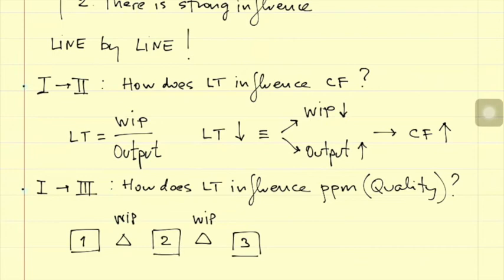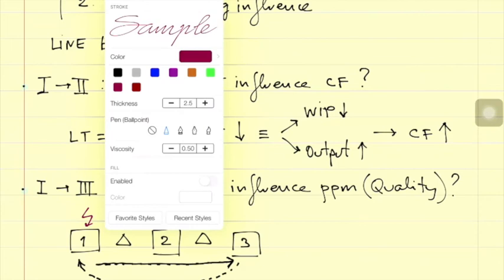And let's say the first process step creates a mistake. And number 3, in order to correct it, is reporting the mistake back in what is called a quality feedback loop.